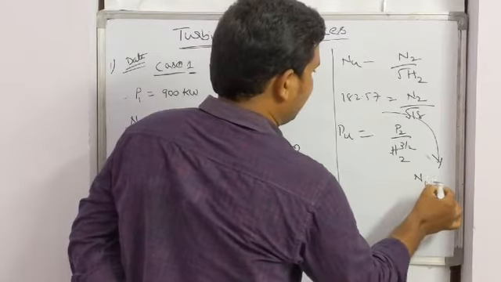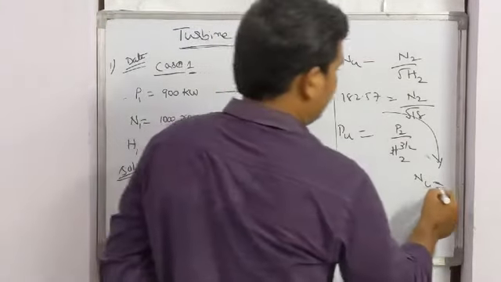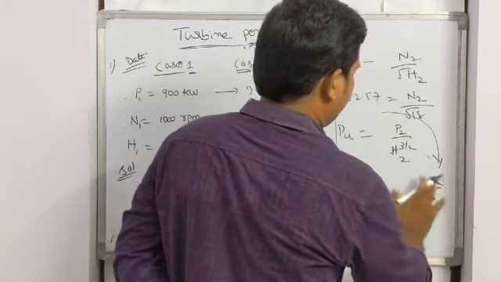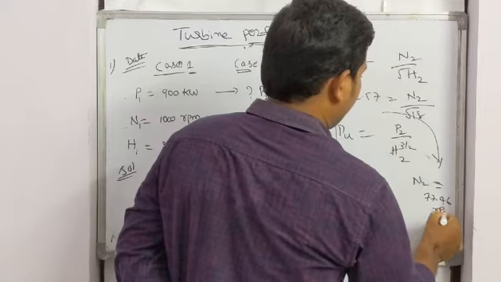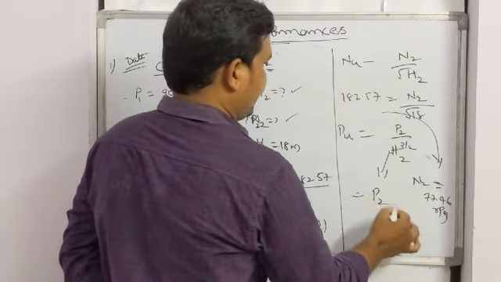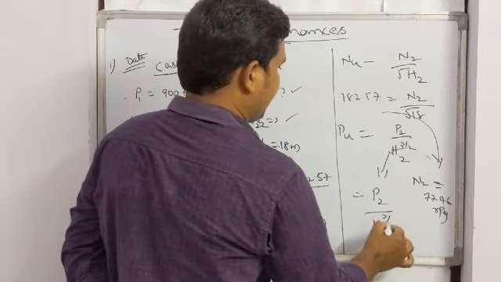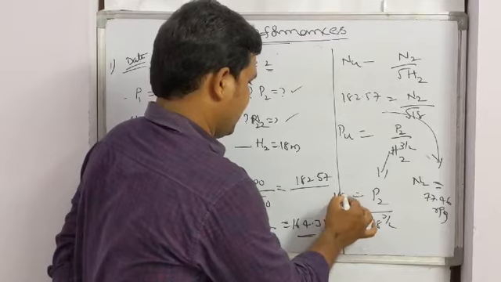So NU is 77.46. N2 is 77.46 RPM. Then same thing, we have to find out P2 by H of 18 over 3 by 2. P_U we already found out as 164.31.